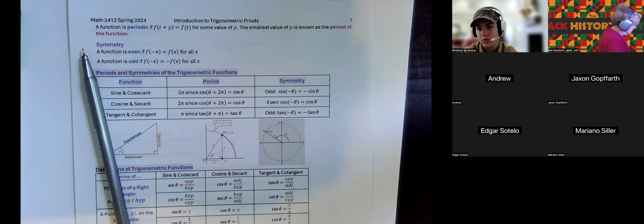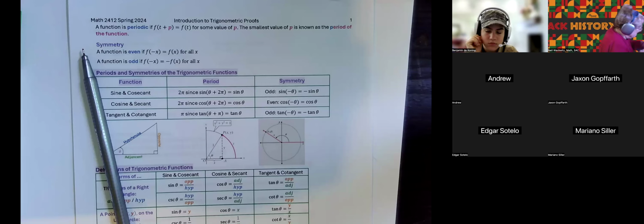Yes. Groovy. So a period is the smallest number p that causes the function to start to repeat its values. And a function is even if it has symmetry with respect to the y-axis.